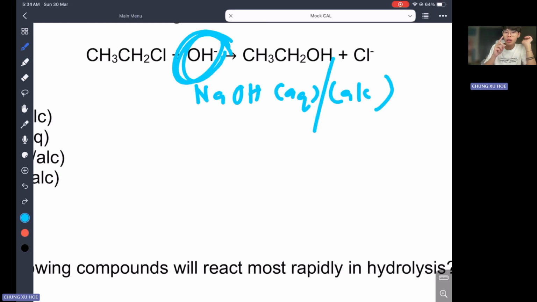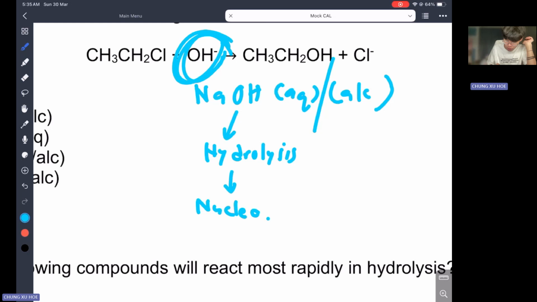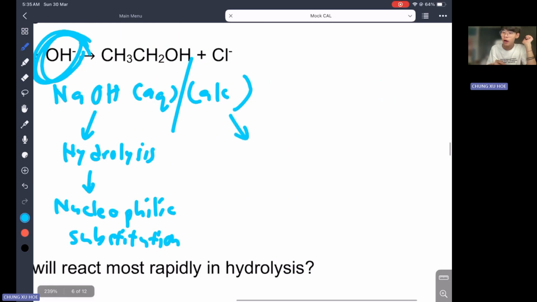So I will conclude: NaOH aqueous is hydrolysis, and it uses nucleophilic substitution. For NaOH alcohol, it is elimination.